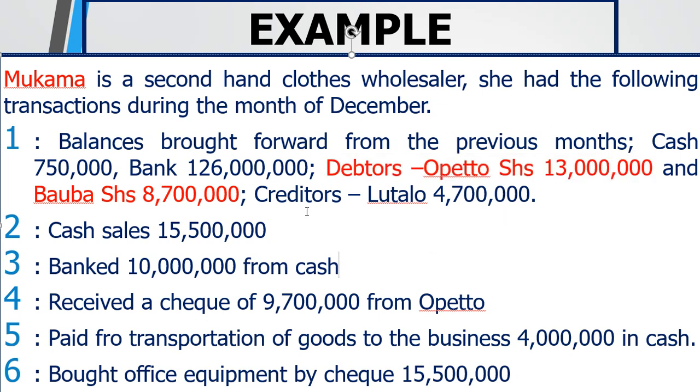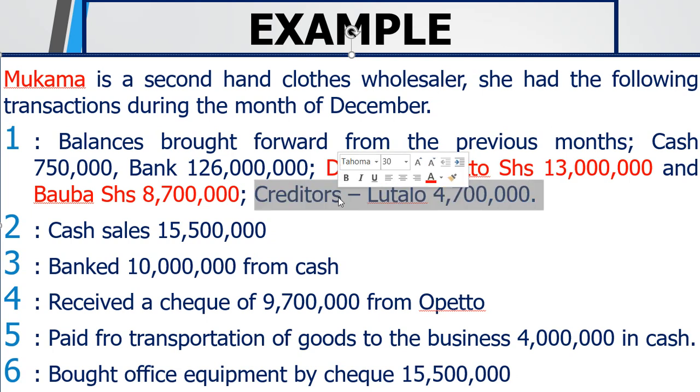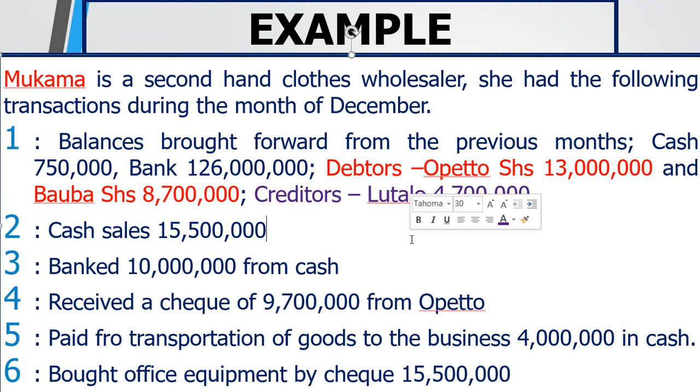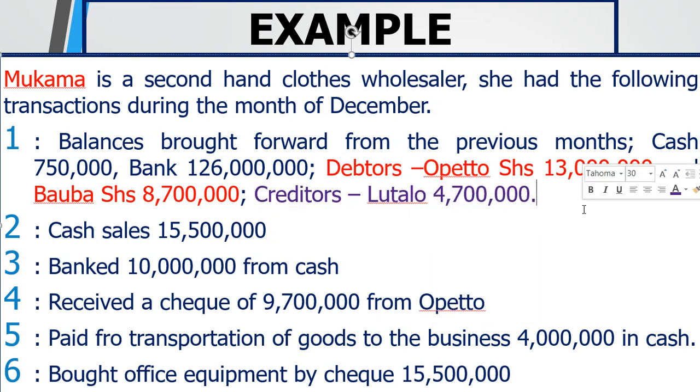They also had the creditors, Zotaro, at 4.7 million. A creditor arises from credit purchases. Let me paint creditors another color, purple here. So that one is sorted.